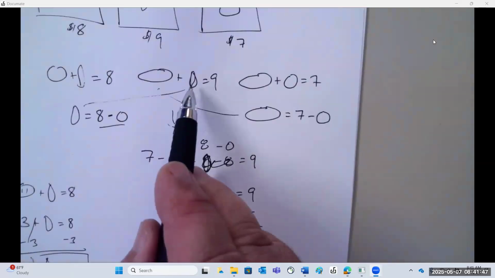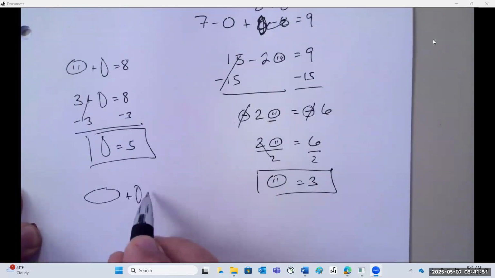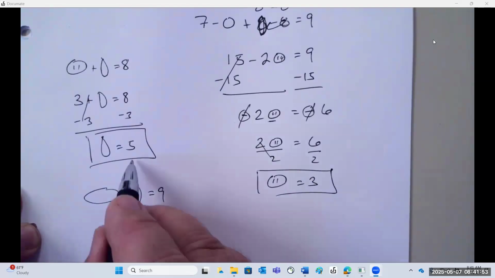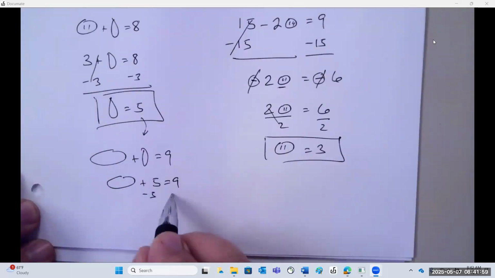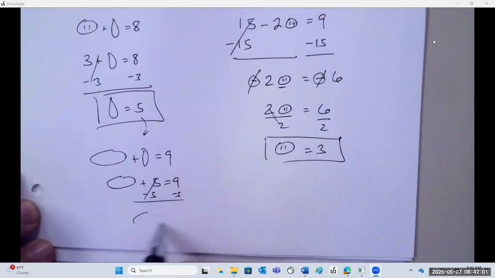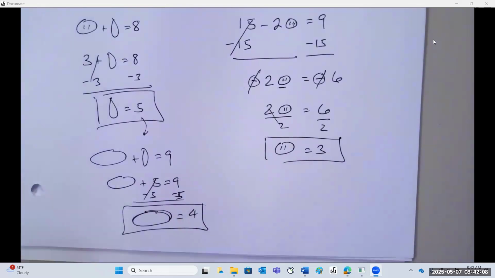So that means in the middle one, I have a watermelon plus a flower equals 9. The watermelon plus 5 equals 9. Subtract by 5. So the watermelon costs 4. So we have the prices of each one of our objects now.